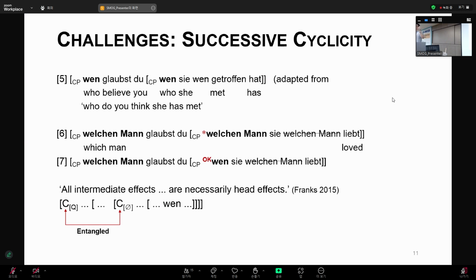So if there are two elements in an agreement relation, the two have to be equally embedded in the structure, basically right next to each other. I proposed that in my, I don't remember, 2000-something paper.